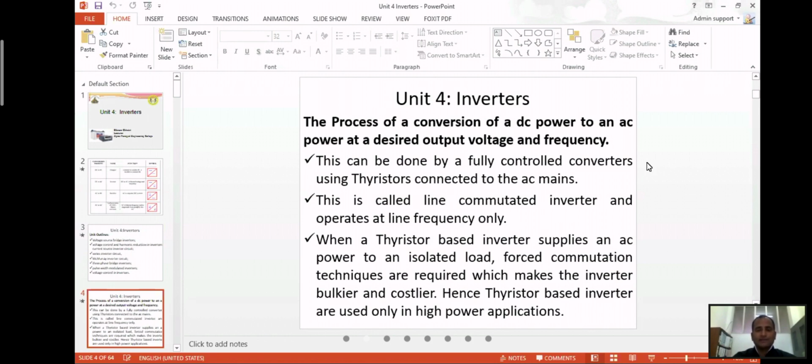In some cases we can use SCR, and in some cases we can even use power BJT, power MOSFET, IGBT. So there are different types of power electronic devices. This is called a line commutated inverter.